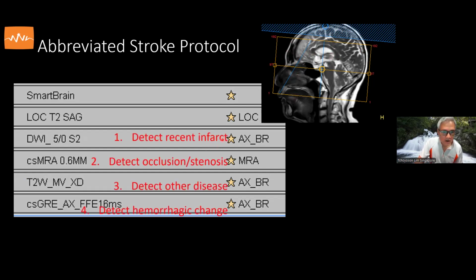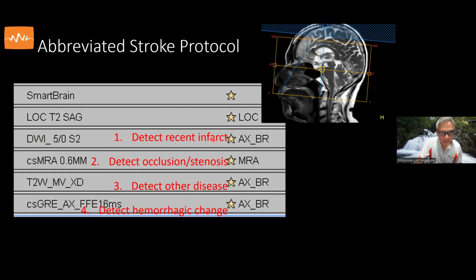The purpose of selecting just 3 pulse sequences and MR angio is that the DWI helps us to detect all the recent infarcts. The T2 will detect or rule out other diseases in other parts of the brain, and they are very helpful for detecting tumors and other structural abnormalities that do not result in high signal on DWI from infarction.